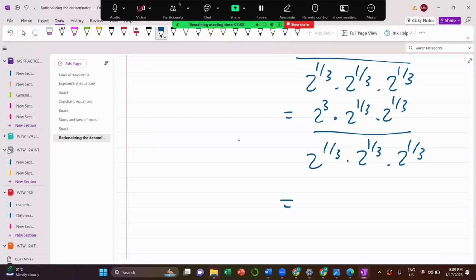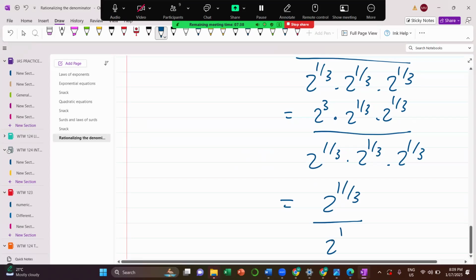It's 11 over 3. So I have 2 to the exponent of 11 over 3 all over, at the bottom, 1 over 3 plus 1 over 3 plus 1 over 3, which is going to give me 1. So I have 2 to the exponent of 1, which is a rational denominator. So I can rewrite this as 2 to the exponent of 11 over 3 all over 2.